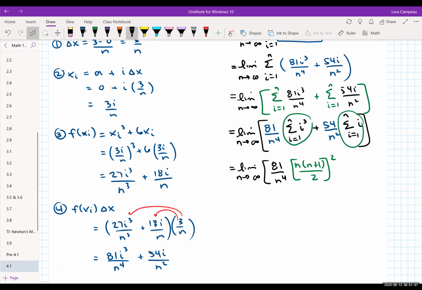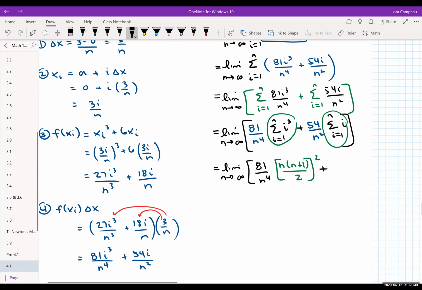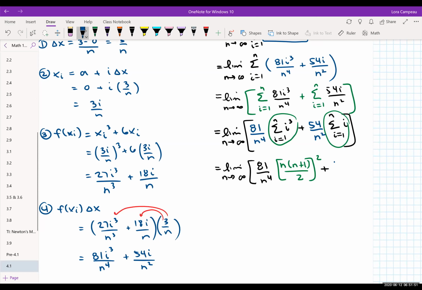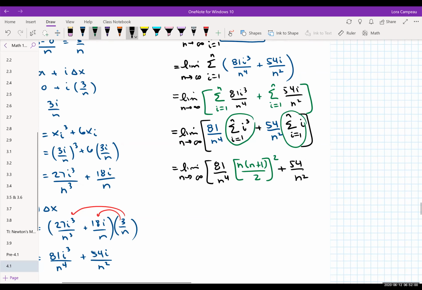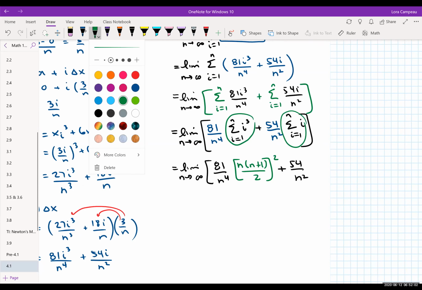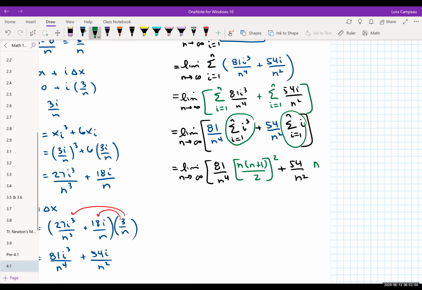Still have plus. Before I write the summation, I want to write the 54 over n squared. The summation of i is n times n plus 1 over 2. That's our multiplication, and we still haven't taken the limit yet.